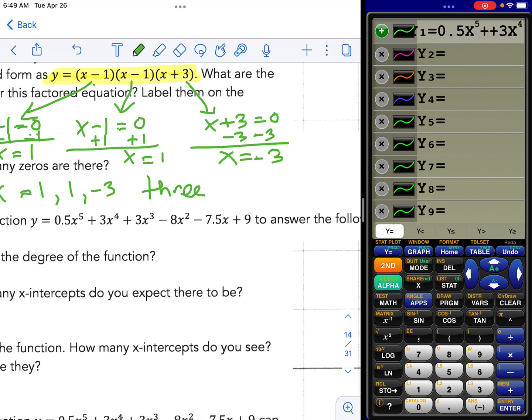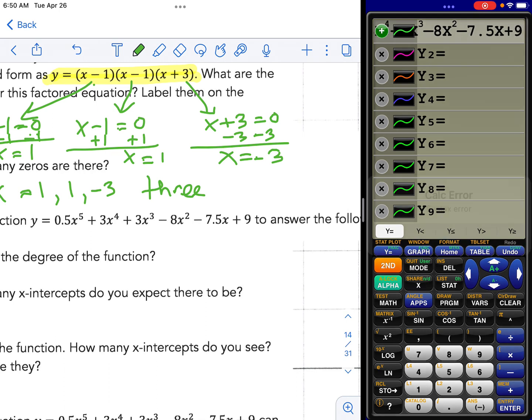So to get those powers, I'm using the caret key above the divide key. Plus 3x cubed, because all of those degrees are bigger than 2. And then once I get to the minus 8x squared, I do have an x squared button. So I'm going to use that. Minus 7.5x, plus 9.